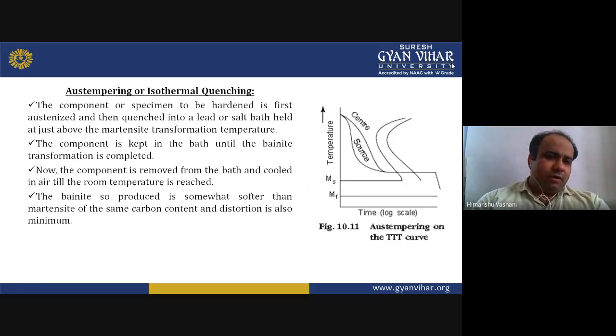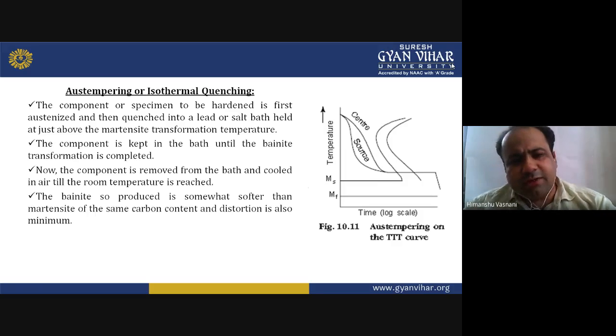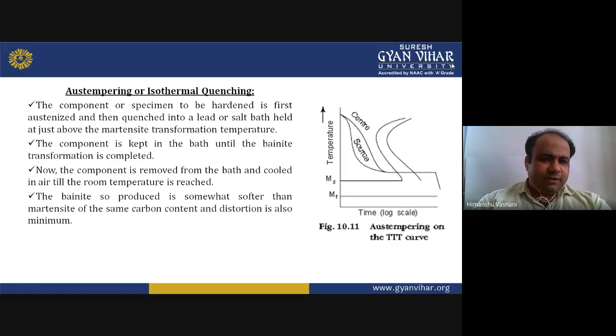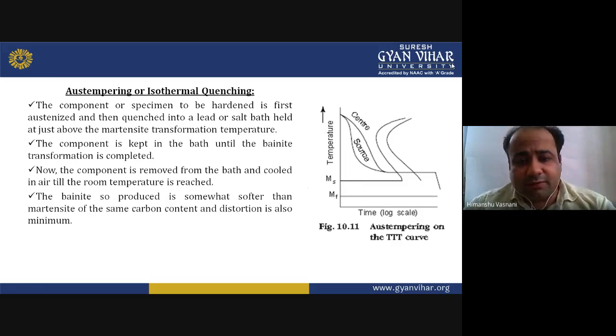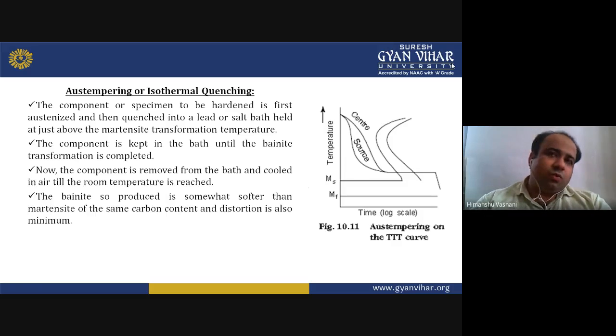So here, the component or the workpiece that is to be hardened is first austenitized, and then immediately it is dipped or quenched into the salt bath or lead bath, which is held just above the martensite transformation temperature. Quenching means to cool down the temperature and release the heat.